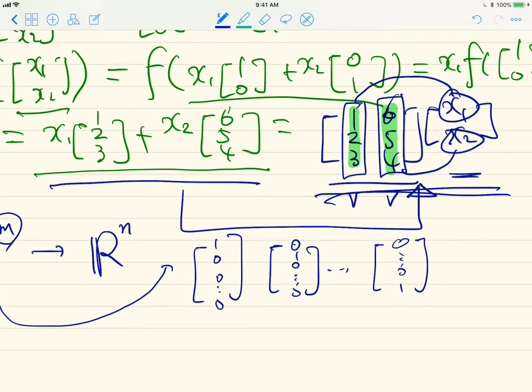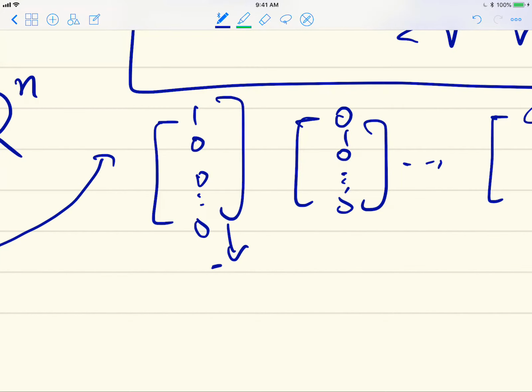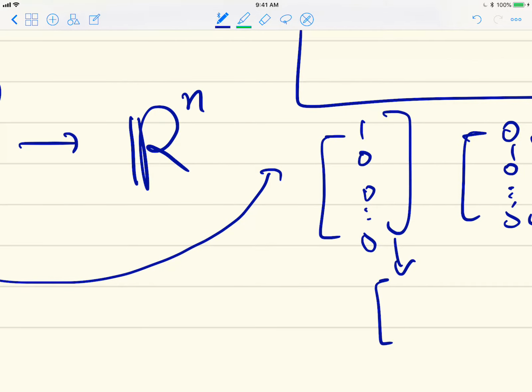Suppose you know the mapping of this finite number of input vectors, m different examples of function mappings, and your function is linear. This function will have its output as an n-dimensional vector, right?